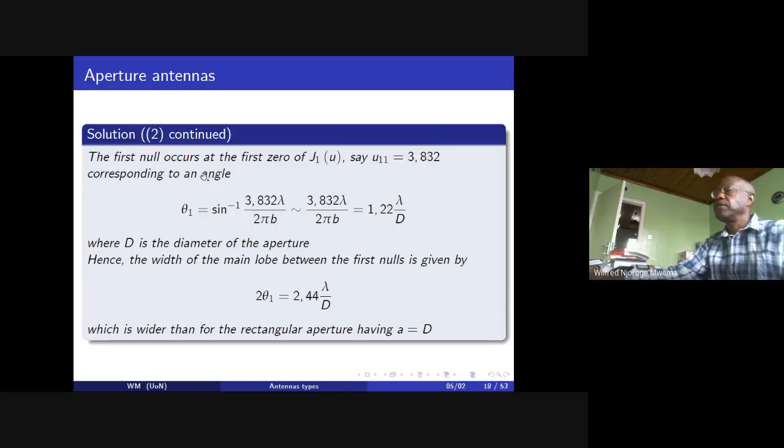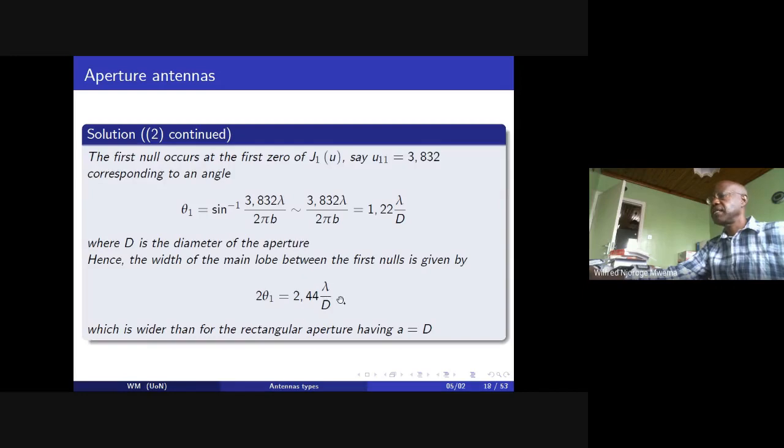And therefore, this will correspond to an angle of theta 1 equal to the arc sine of that value divided by 2 pi b, and we get a value of 1.22 lambda by d, where d is, of course, the diameter of the aperture. And hence, the width of the main lobe between the first nulls will be given by 2 theta 1 equal to 2 times 1.22 lambda by d.